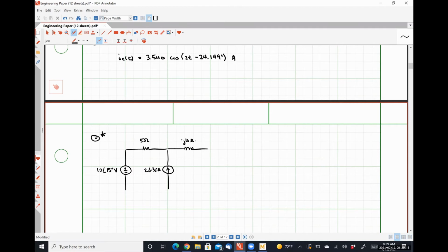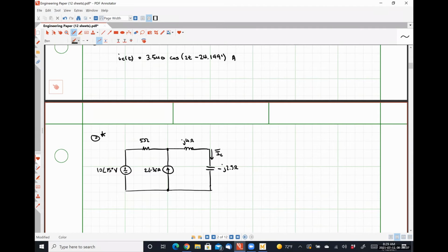J4 ohms goes here. And negative J2.5 ohms goes here. Here is our quantity of interest, IC.